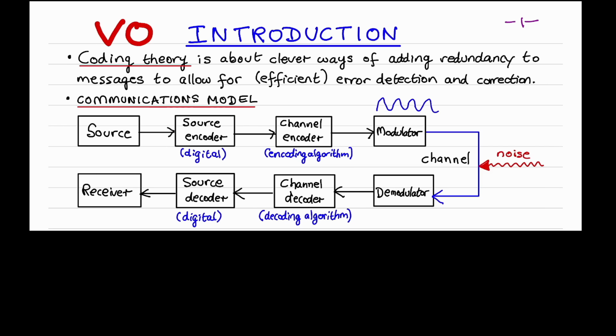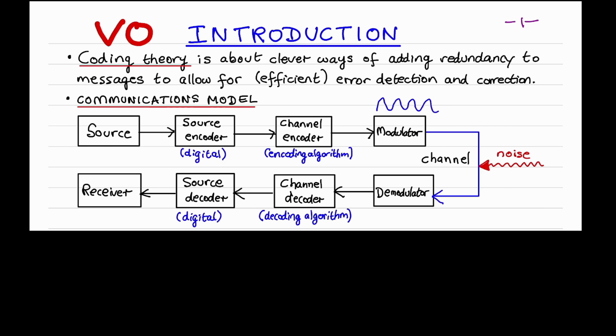The binary source messages are then passed on to a channel encoder, which uses an encoding algorithm to transform source messages to code words. The resulting code words are then passed on to a modulator, which transforms the digital code words to some sort of analog format.